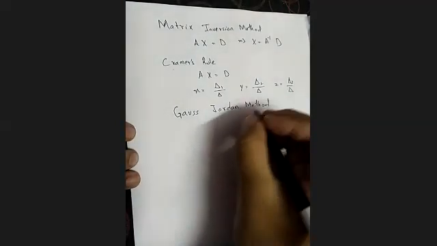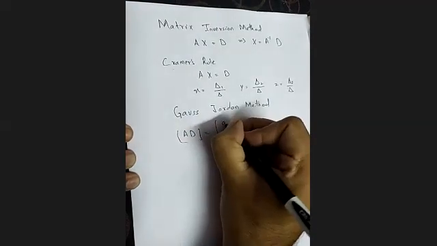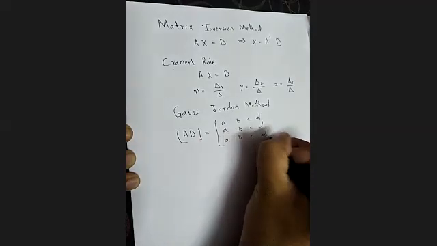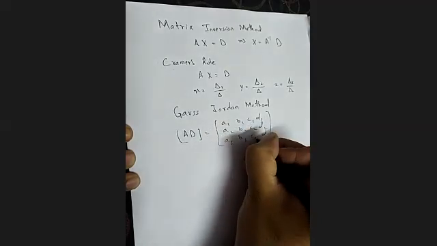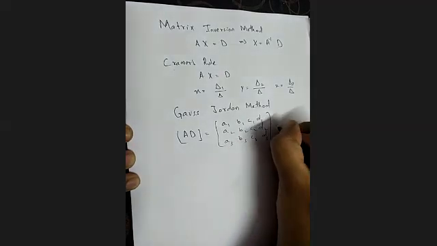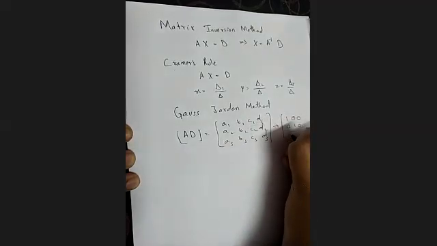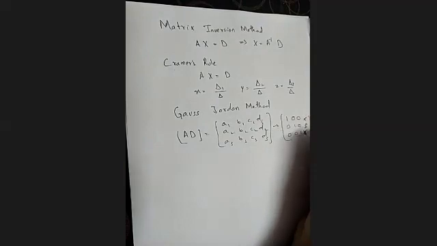So in this method, we transform this matrix into the form of the matrix 1 0 0 alpha, 0 1 0 beta, 0 0 1 gamma.